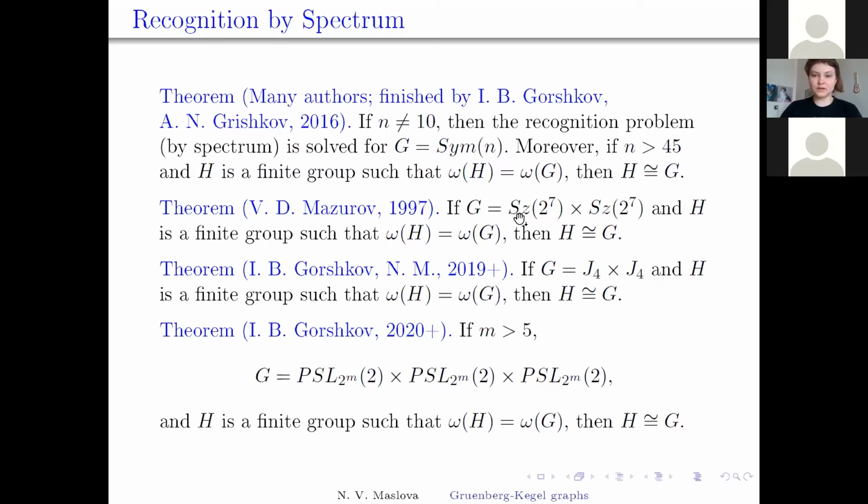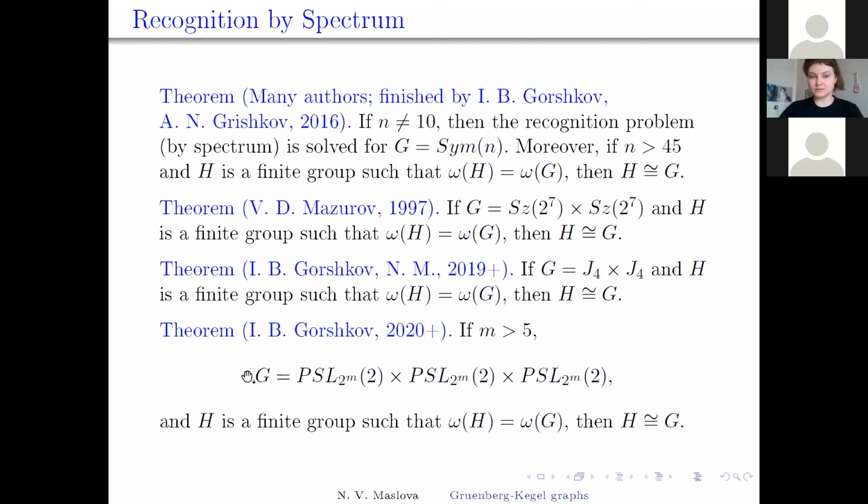For example, the direct product of 2 copies of the Suzuki group over the field of 128 elements is recognizable by spectrum. And our rather fresh result, this paper is now accepted to a journal: the direct product of 2 copies of the finite simple sporadic Janko fourth group is recognizable by spectrum. And this result is a very fresh result by Ilya Gashkov.